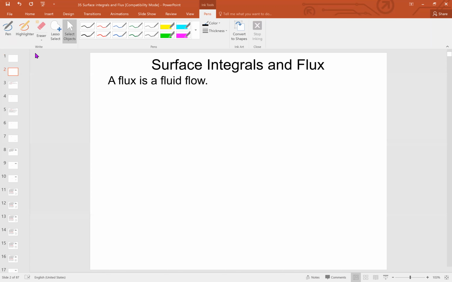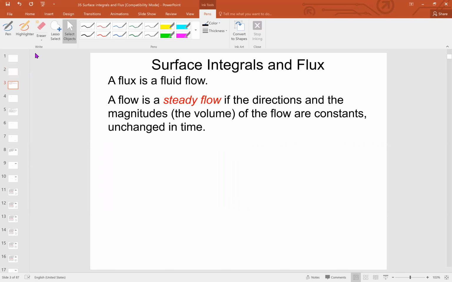Okay, now we're going to do the same thing. We're going to use the surface integral dS to talk about another problem, the so-called flux. That is, we want to calculate the flow across a surface. Think of a flow, and we call it a flux.